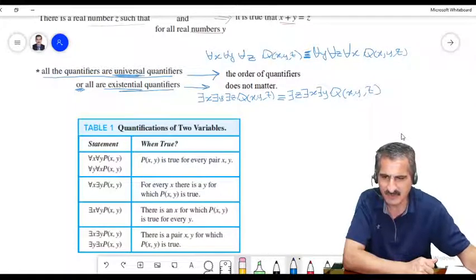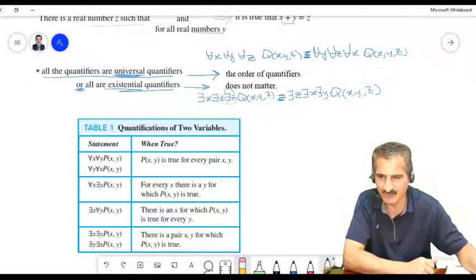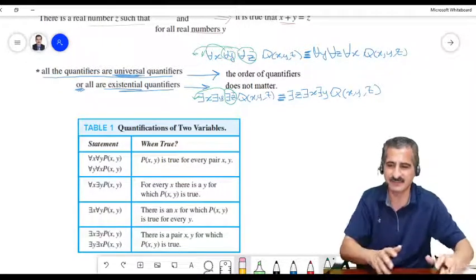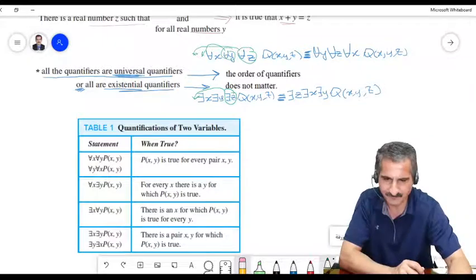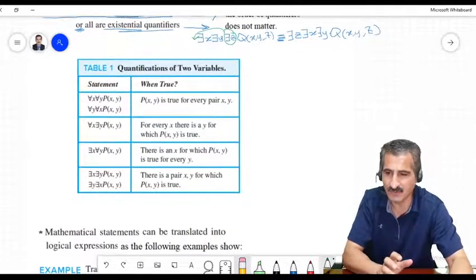So the equivalence is still happening if we change the order. Changing the order of quantifiers does not affect the truth value, assuming the quantifiers are all of the same kind.